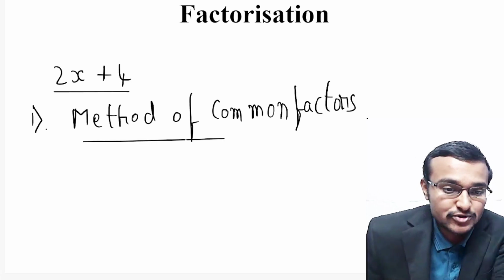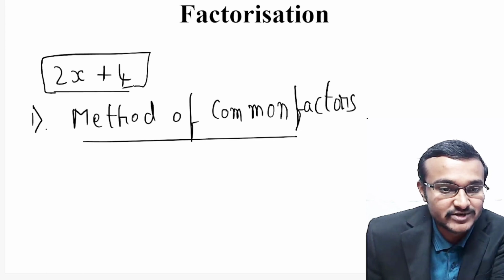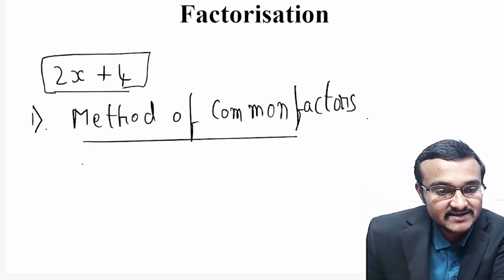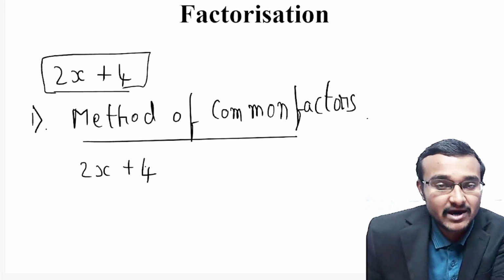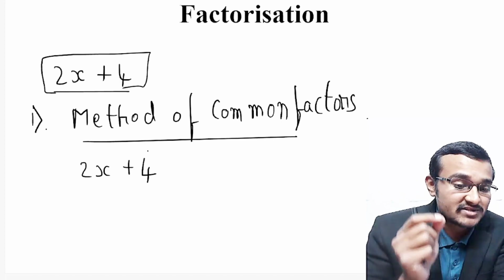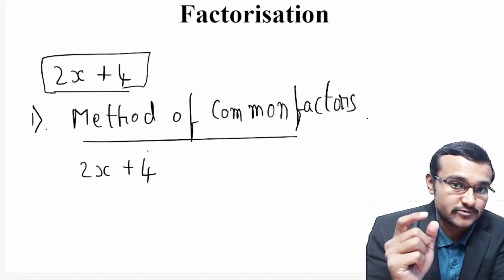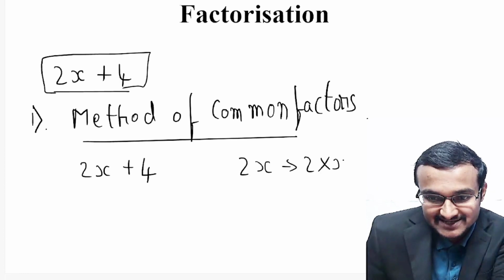Now how to use this method of common factors and find out the factors of 2x plus 4? Let us go on seeing that. So 2x plus 4 is there. Now you should take the common element among 2x and 4. So in 2x we have 2 into x.